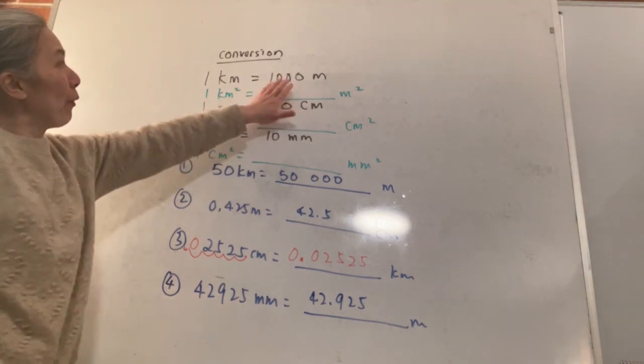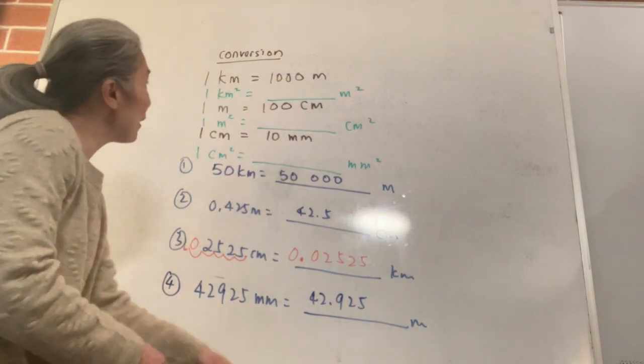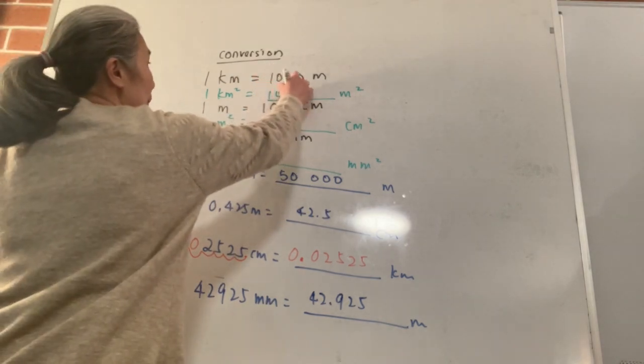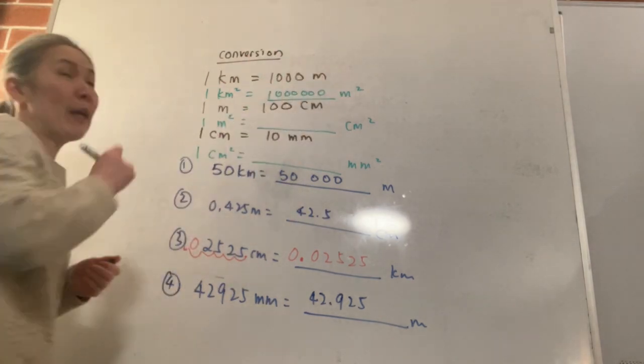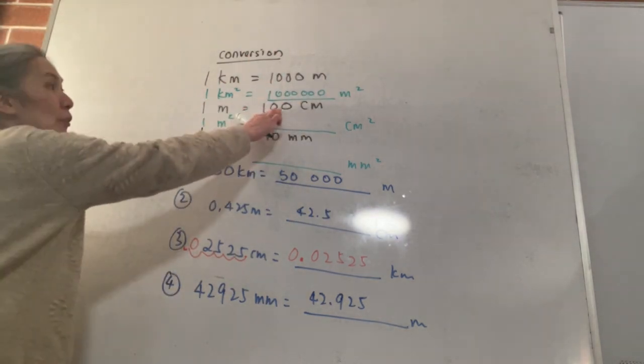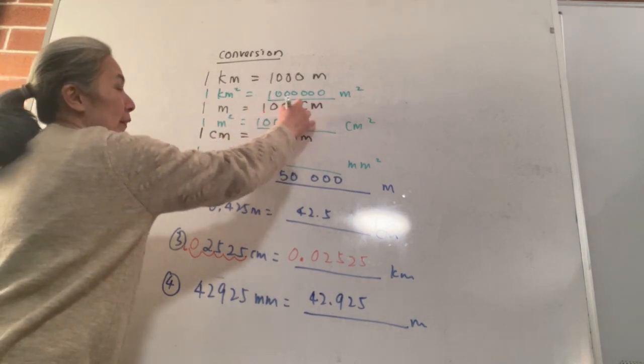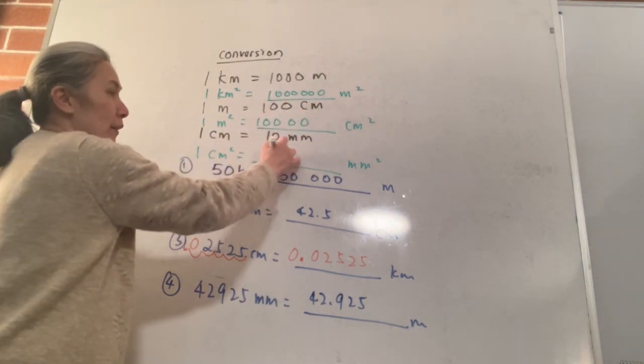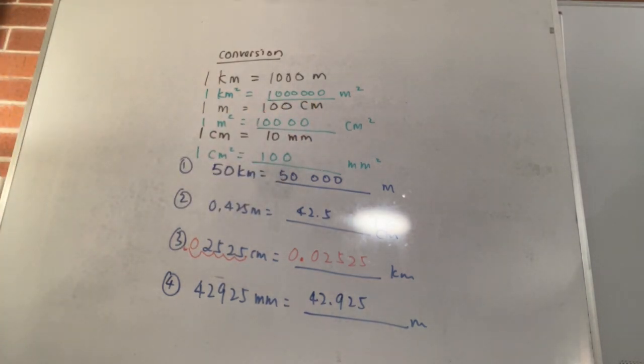So in here you have 3 zeros. When you're squaring it, that means you are going to have 6 zeros. You double up the zeros. And this is 2 zeros, that means you double up the zeros. 1 zero, double up again. That's what it means by the square.